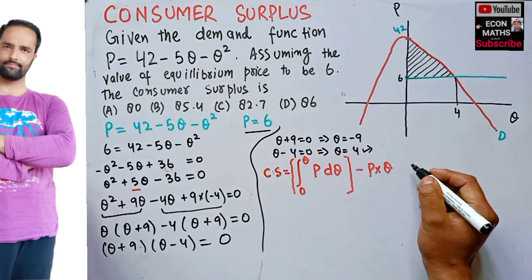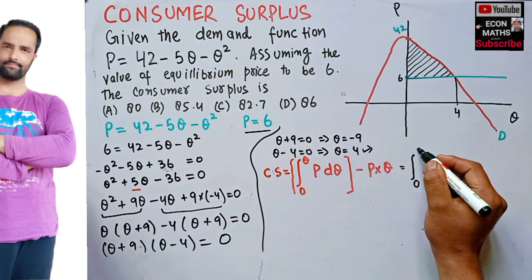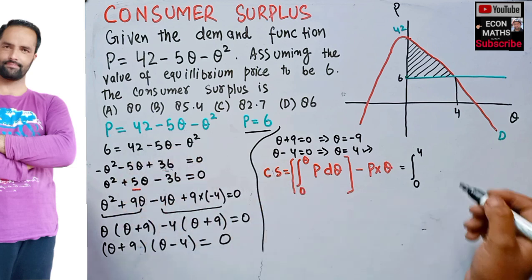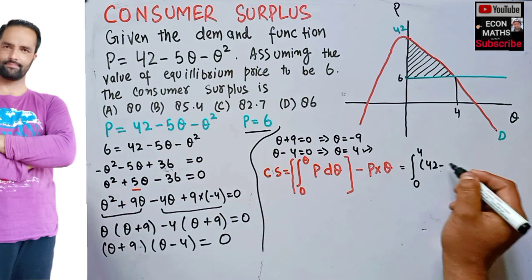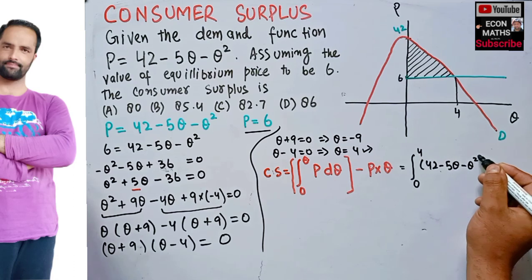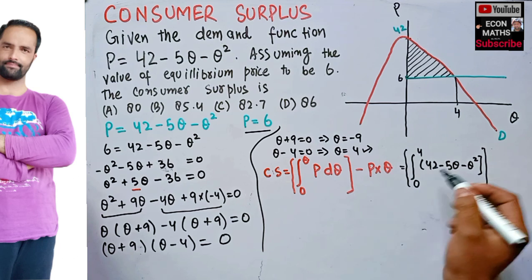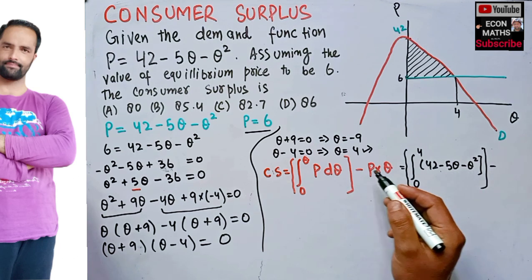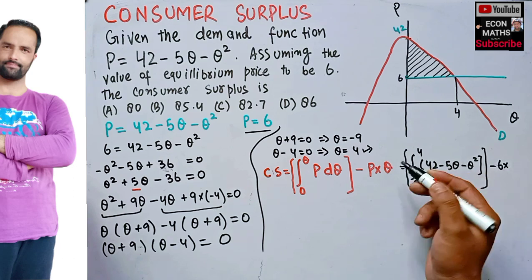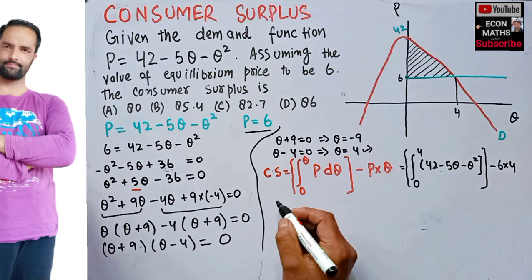The limit 0 to equilibrium quantity is 4 because we are rejecting the negative quantity here, and the demand function is 42 minus 5q minus q square. To this we subtract the total expenditure, that is price into output. Price is given to us as 6, and quantity or output is 4. I will write here quantity, it will make more sense.